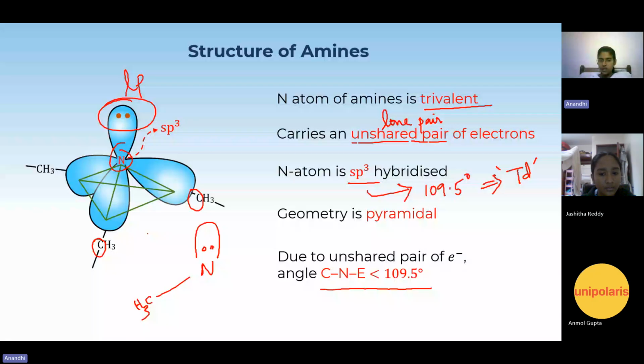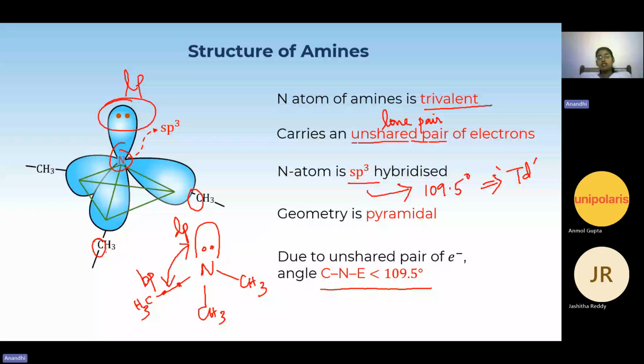Understood? There will be some repulsion between lone pair and bond pair. According to the repulsion theory, lone pair repulsion will be greater than bond pair repulsion. This is the order.